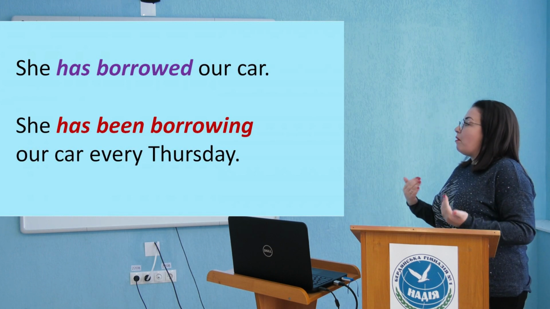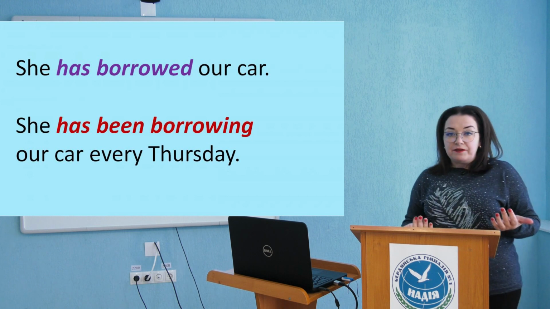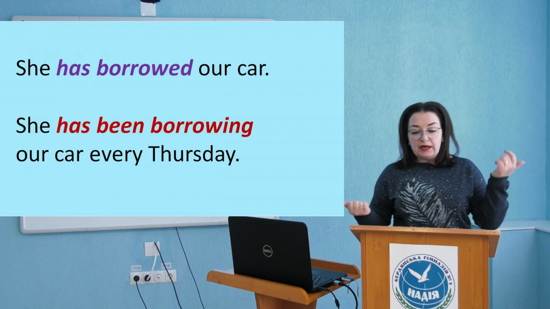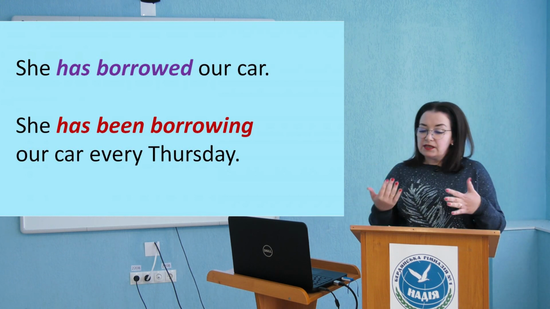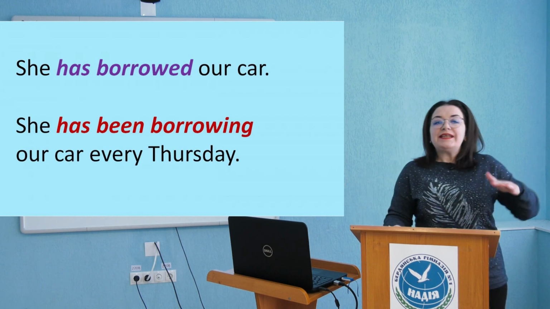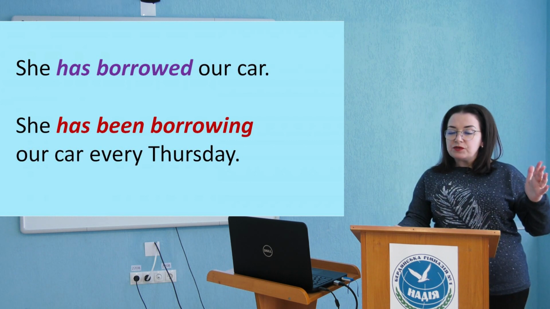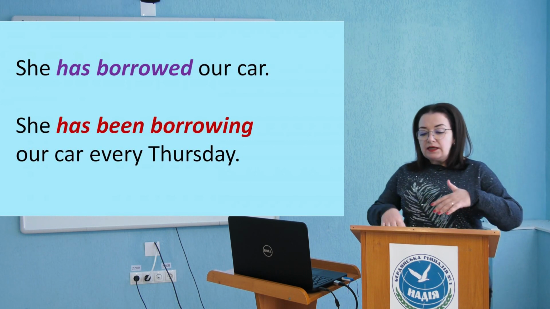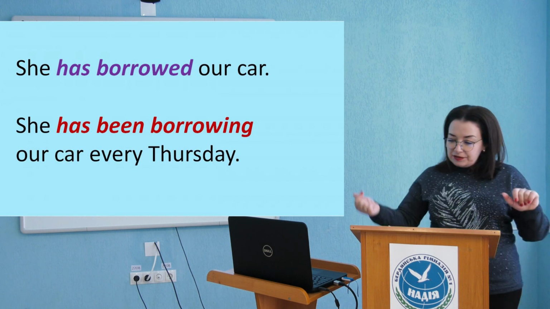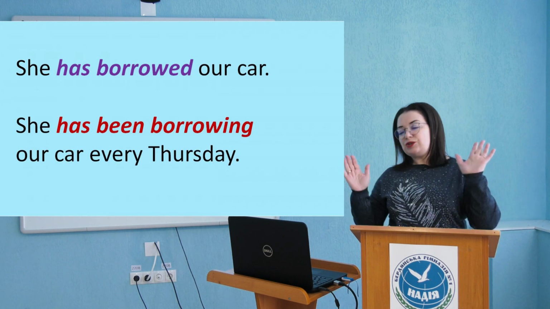She has been borrowing our car every Thursday. Now, this sentence suggests that the action is still happening. You see? Our focus here is on the action. The action is unfinished yet. Now, the present perfect continuous is your best choice here.